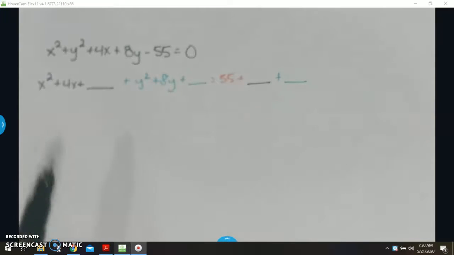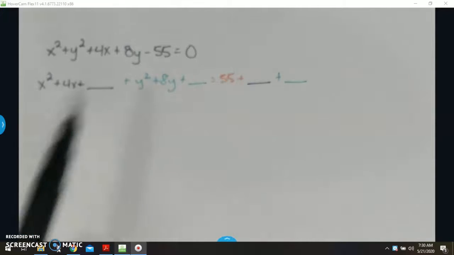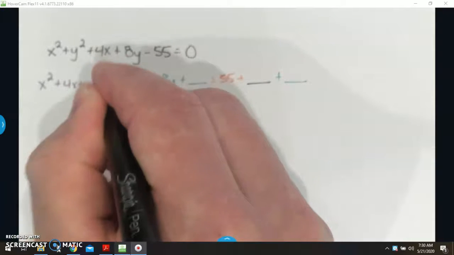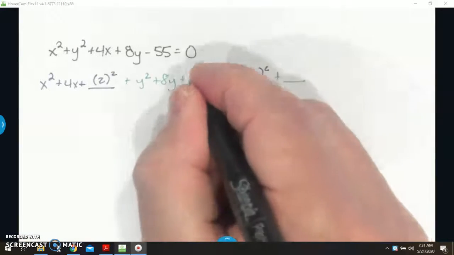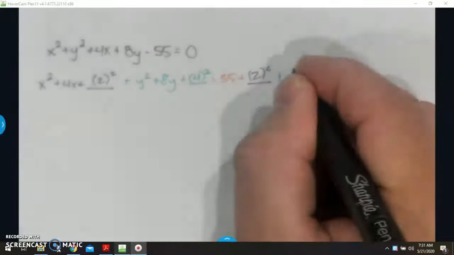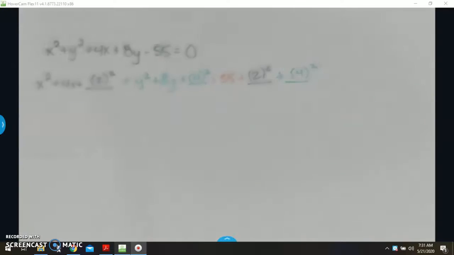Okay. Half of 4 is 2. This will be 2 squared. Half of 8 is 4. So now we just simplify.